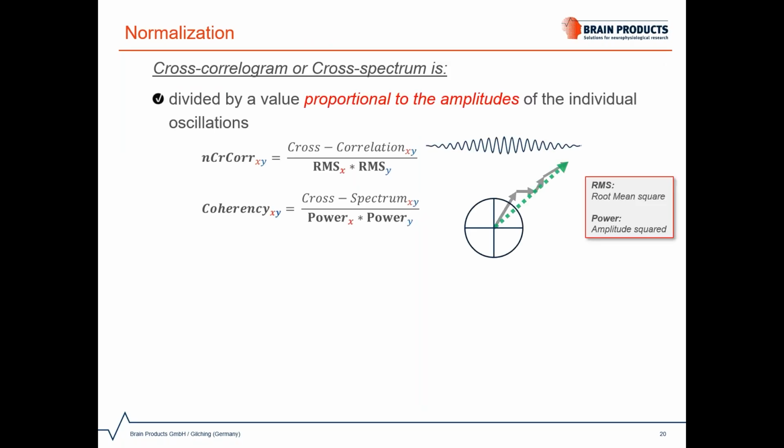The normalized version of the cross spectrum is the coherency, while cross-correlation is simply called normalized cross-correlation. The denominators used for normalization are values that are proportional to the amplitude of the individual oscillations that are involved. For the normalized cross-correlation, the denominator is the product of the root mean square of the two oscillations. And in the case of the coherency, the two power spectra are used.